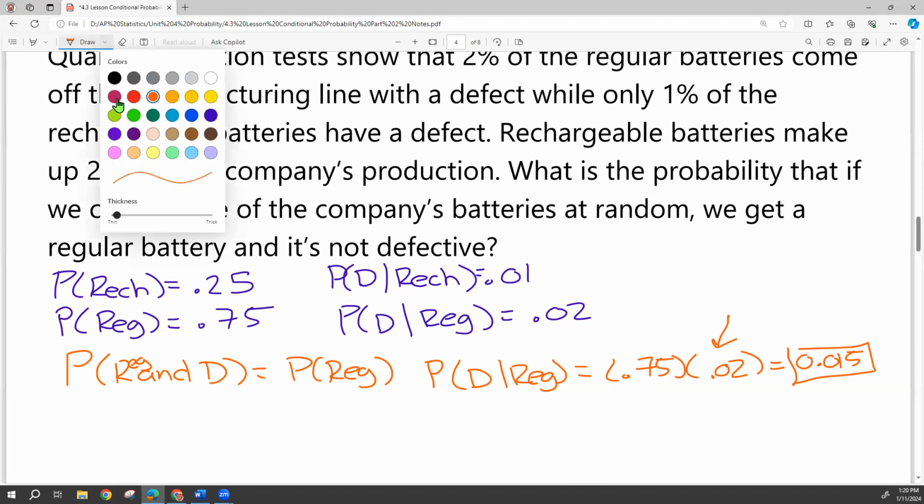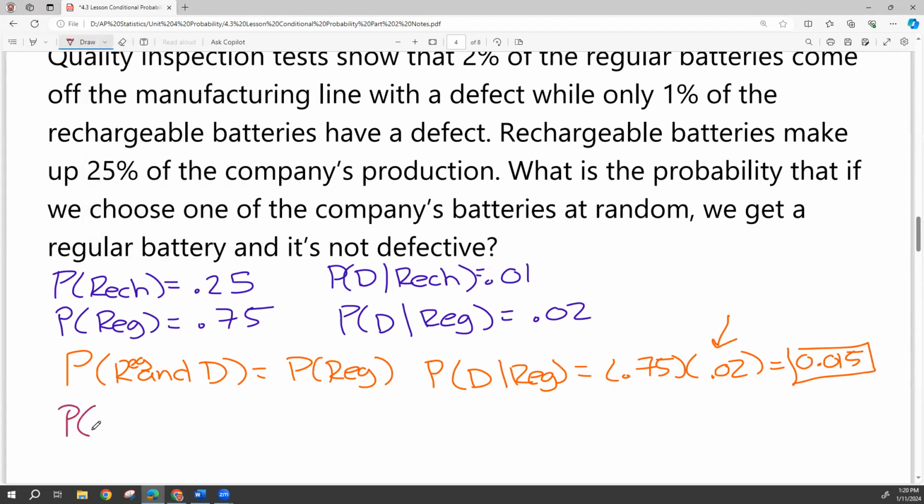The original question was, what is the probability we have a regular battery and it works? So probability that we have a regular battery and it's not defective. I'm going to use the complement of being defective. Well, we use the probability of getting a regular battery. And then we have a conditional probability, even though it's not told to us.